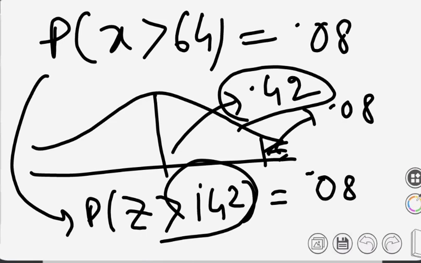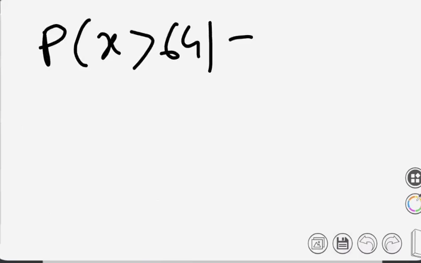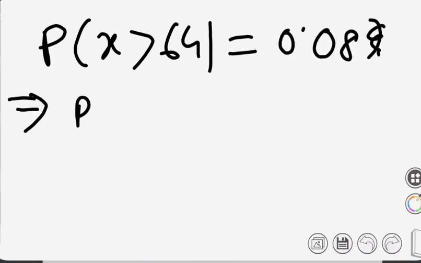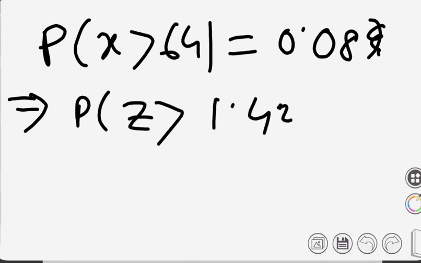So what we can write is probability x greater than 64 is equals to 0.08, which implies probability z greater than 1.42 is equals to 0.08.